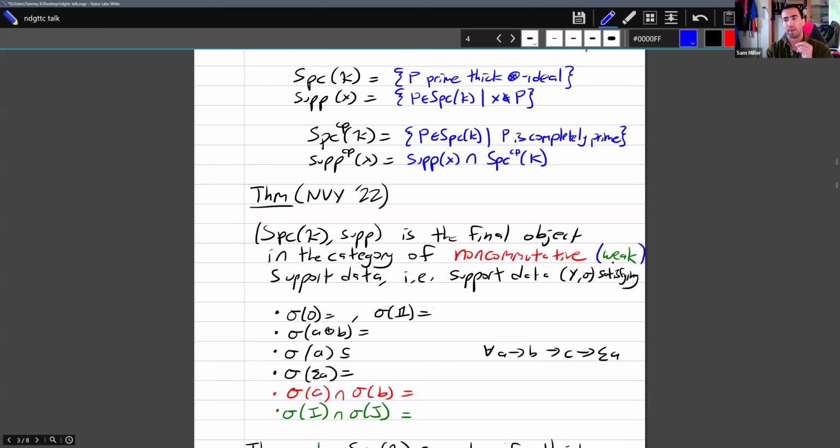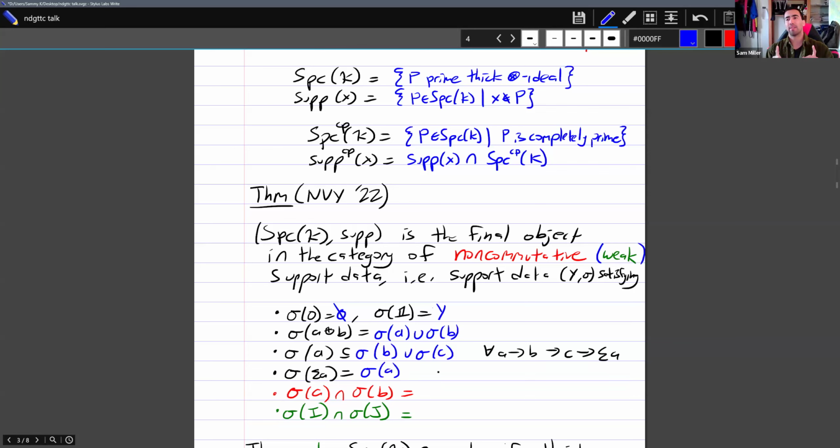And for these two, they're defined slightly differently. I'll say those in a second. Satisfying the same things. We have that 0 returns the empty set, 1 returns the whole space, direct sums are unions, triangles give you an inclusion condition, shifts do nothing.